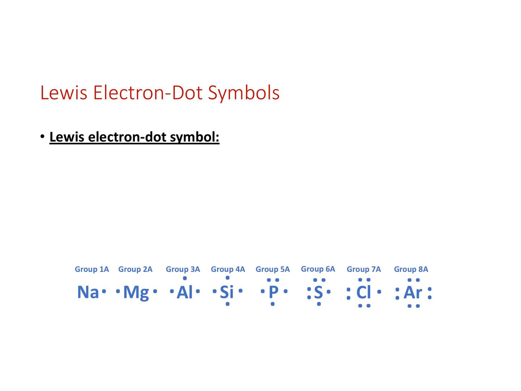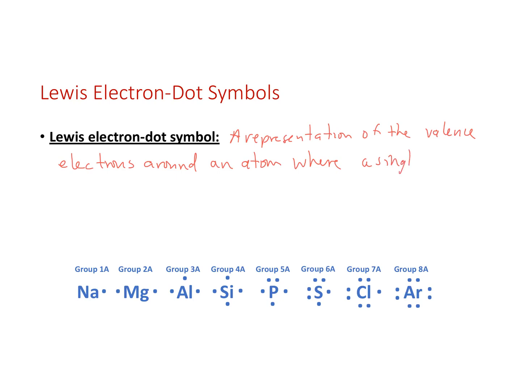They're essentially a representation of the valence electrons around an atom, where a single valence electron is represented as a single dot.